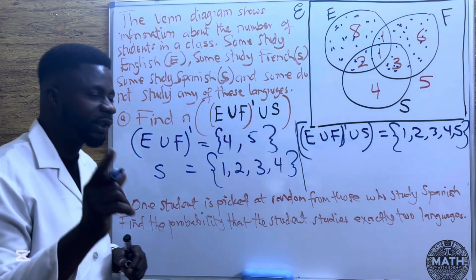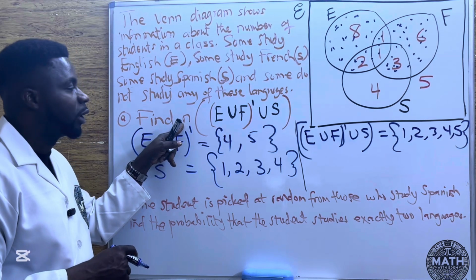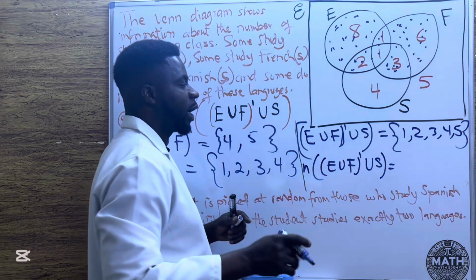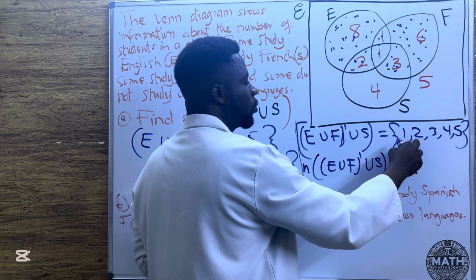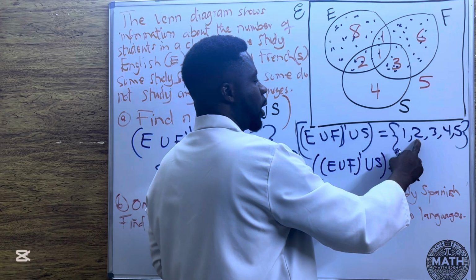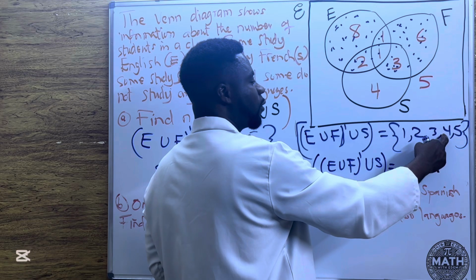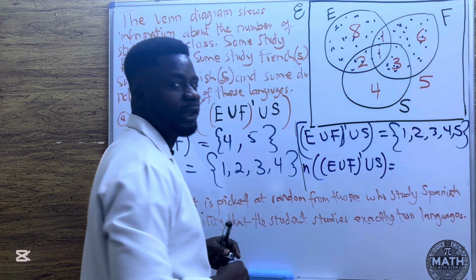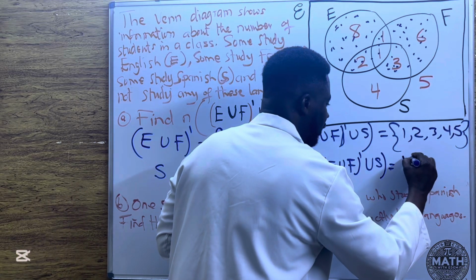Now, the question says that we have to find the number of elements, okay? Means we are going to add all the elements together. So we have 1 plus 2 gives us 3, and then 3 plus 3 gives us 6, 6 plus 4 gives us 10, and then 10 plus 5 gives us 15. So our answer is 15.